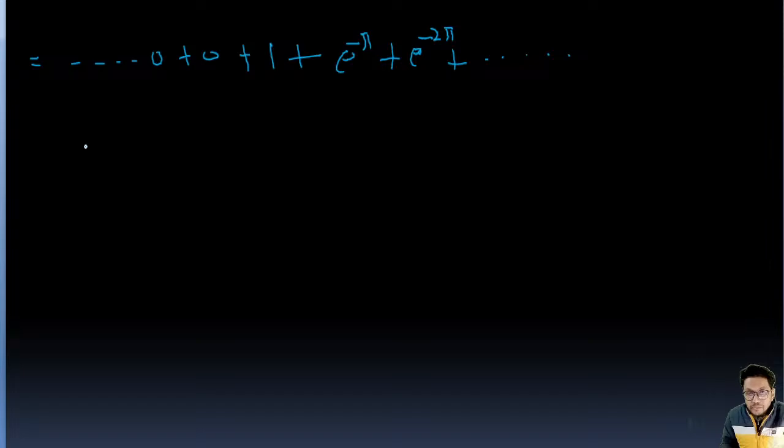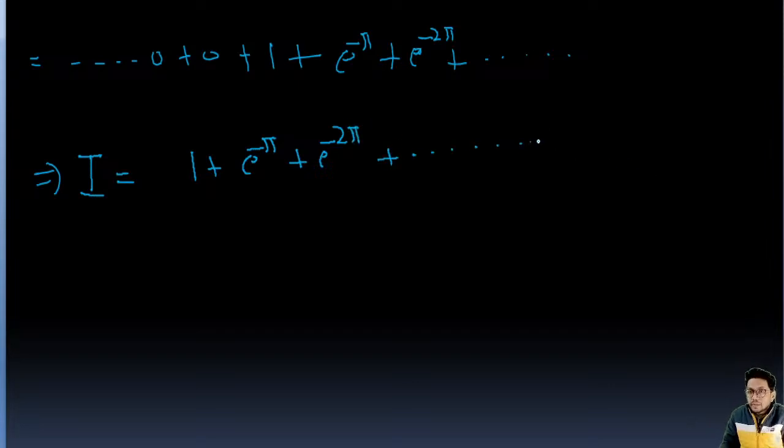So that implies this value of I is going to be 1 plus e to the power minus pi plus e to the power minus 2 pi plus so on. This is a geometric series.